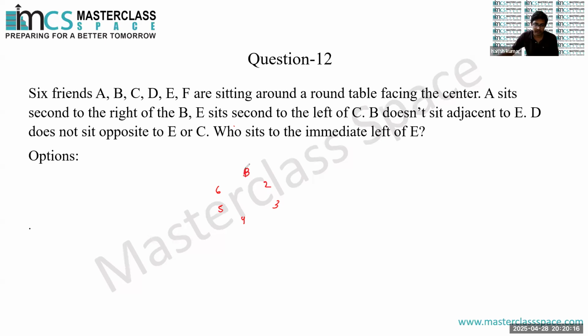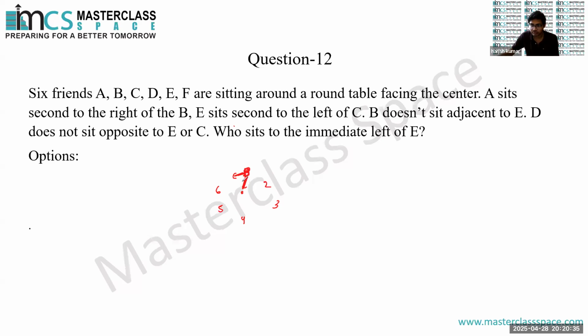B is sitting here, facing center. Now A sits second to the right of B. Now what is right of B? Because he is facing towards the center, his right will be this.